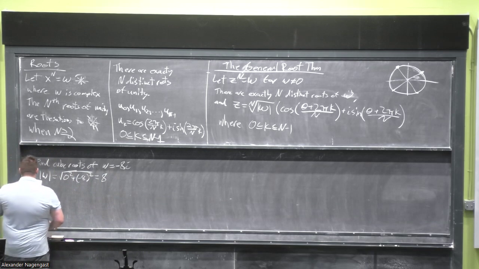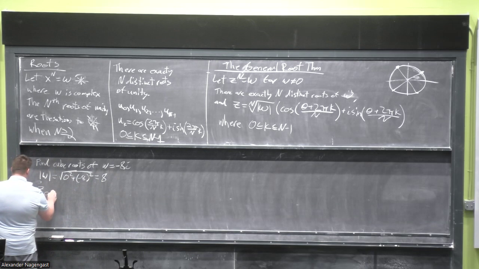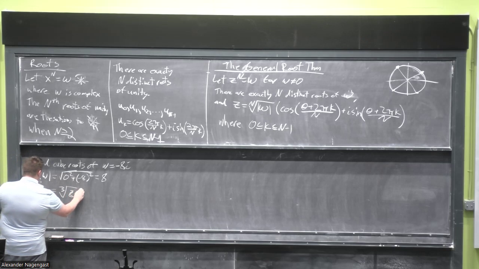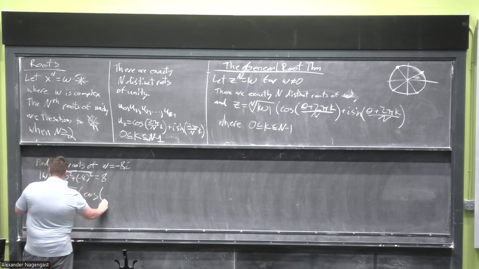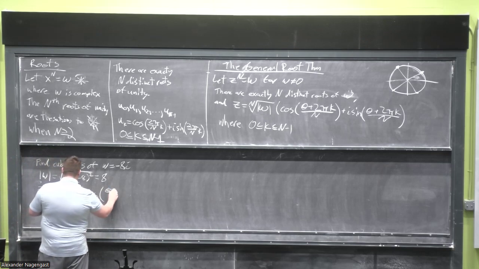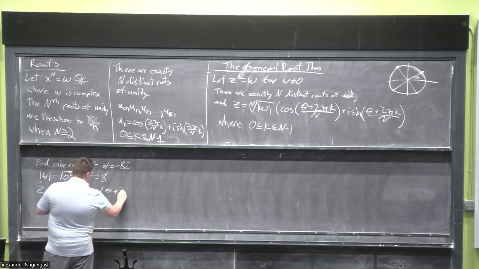And now for our z naught, we want to start off with the cube root of 8, and we want to times by the cosine of some theta plus 2 pi times 0 all over 3.